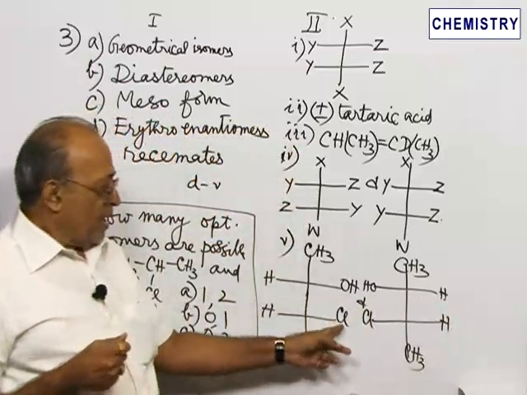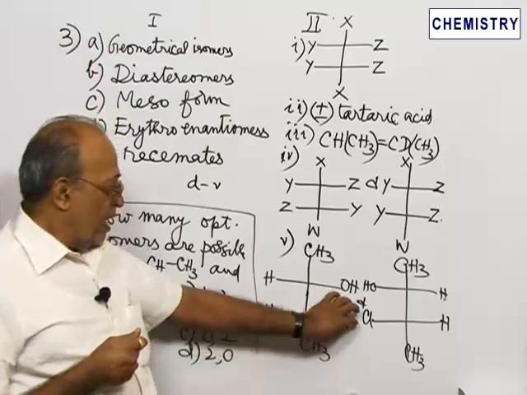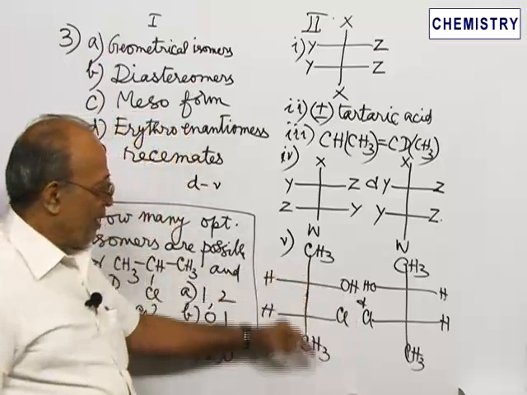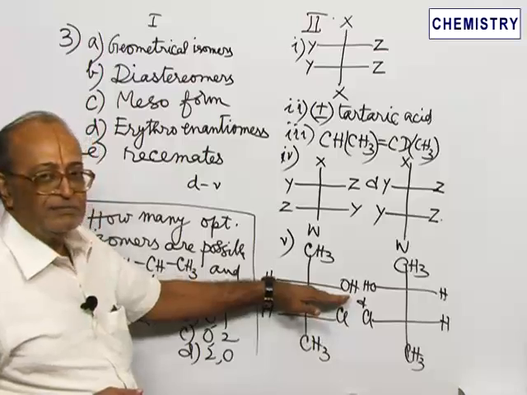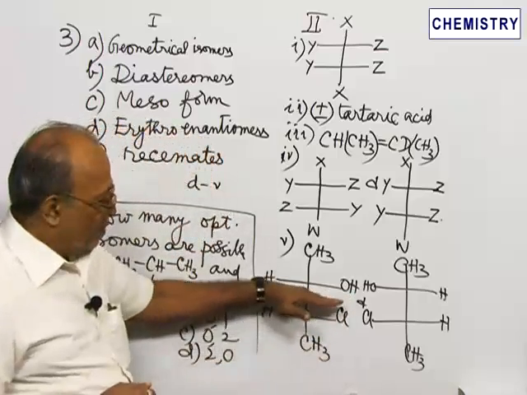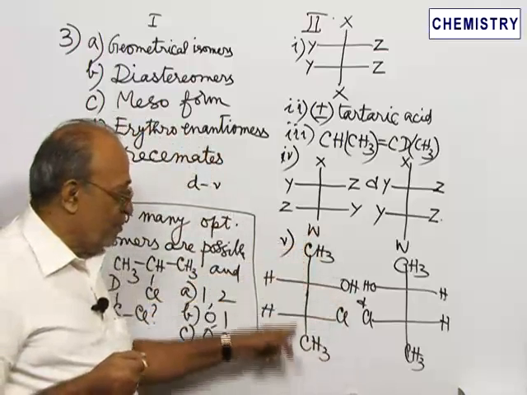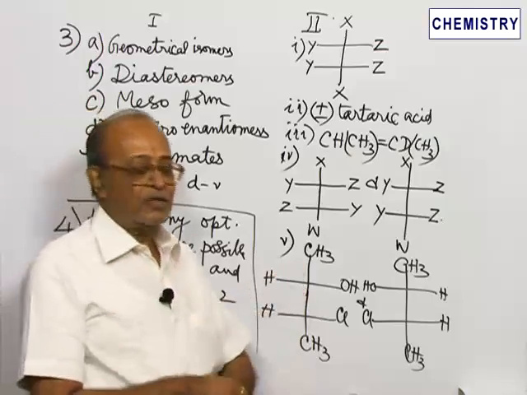Suppose I replace this chlorine by OH. Instead of chlorine, I put OH here. Then this will have a plane of symmetry here, because of which this will become the mesoform. So in two ways you can try this.